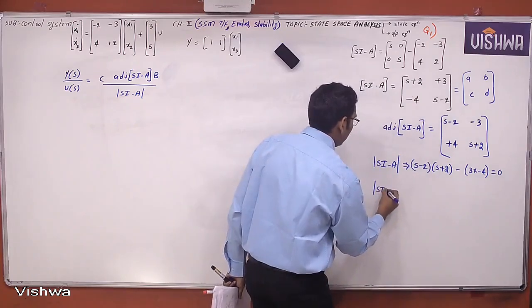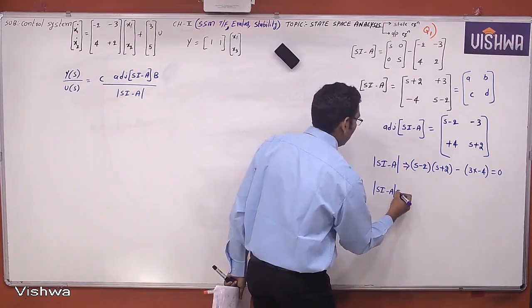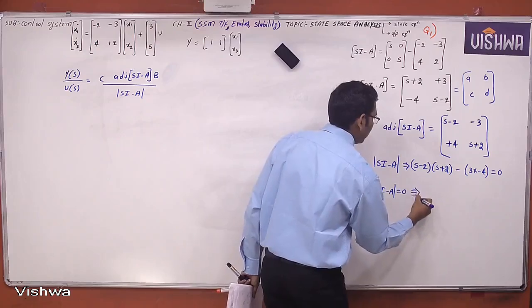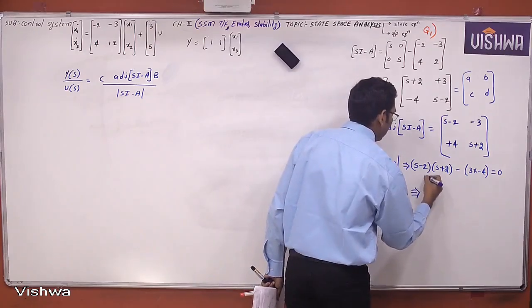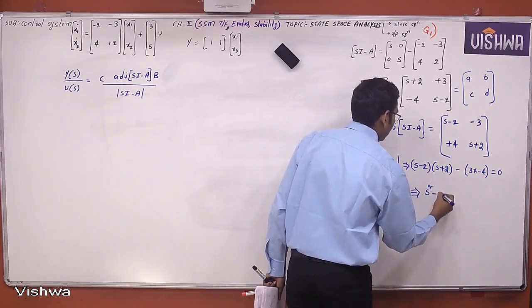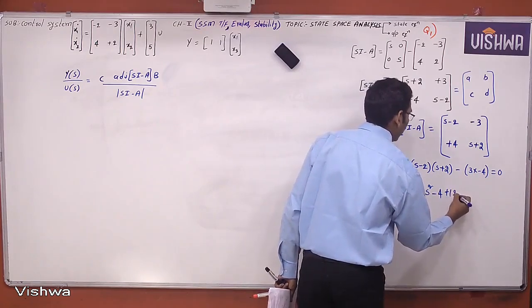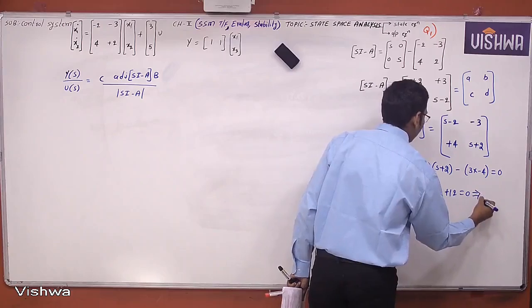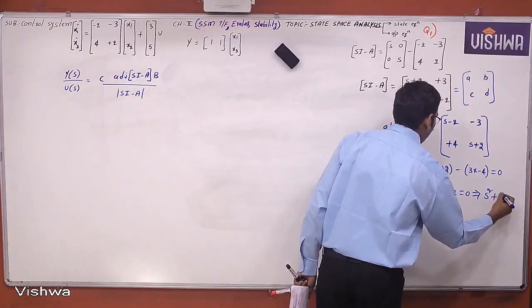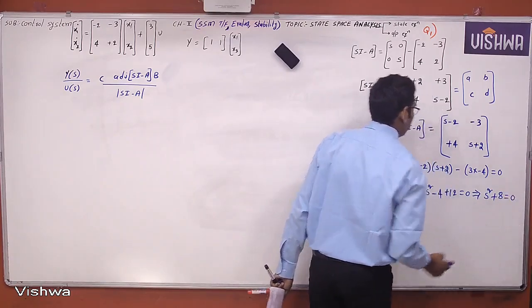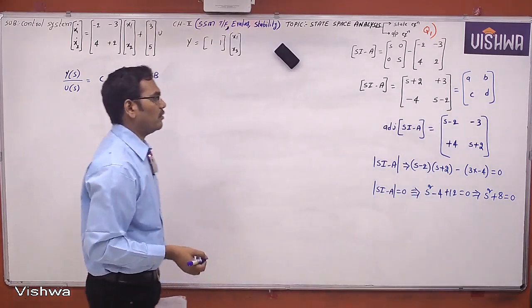That is S square minus 4, since A plus B into A minus B is A square minus B square, plus 12 equal to 0. Therefore, S square plus 8 equal to 0, since 12 minus 4 is 8.